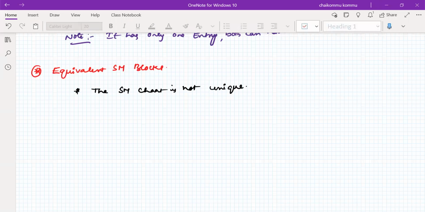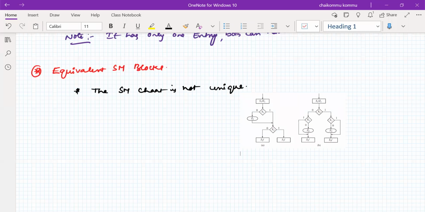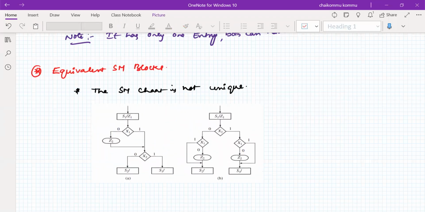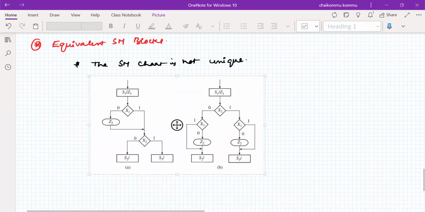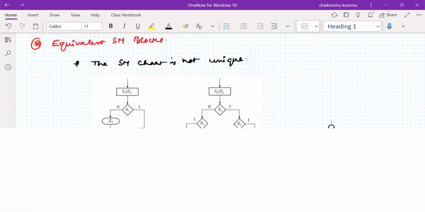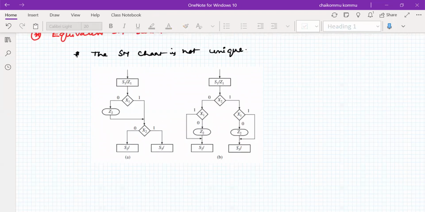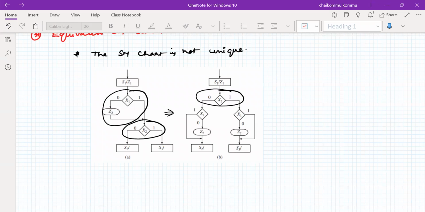If you consider this one, see here, A and B are equivalent to each other. The same function it is performing. What is happening here? After x1 is evaluated, then x2 will be evaluated. The same thing is equivalent to saying that first x2 will be evaluated, and then we have to evaluate x1.